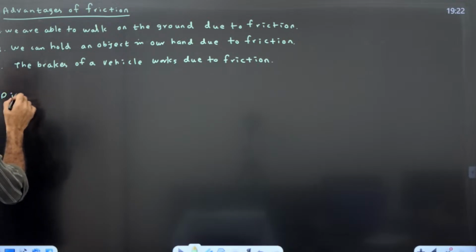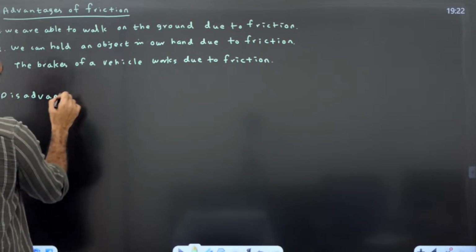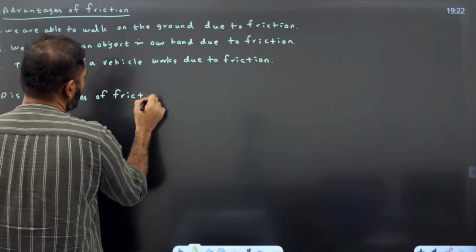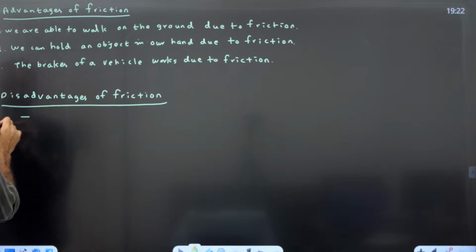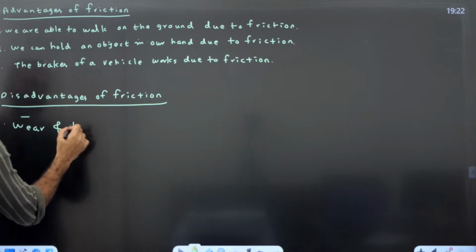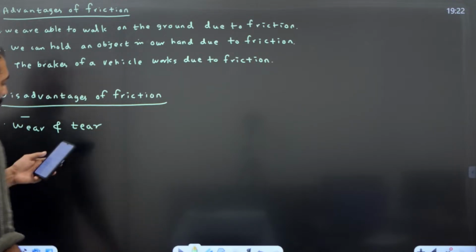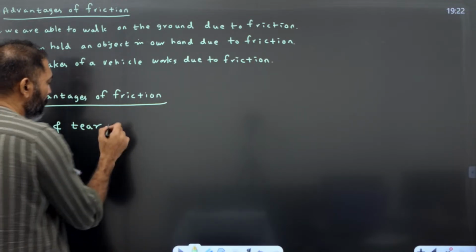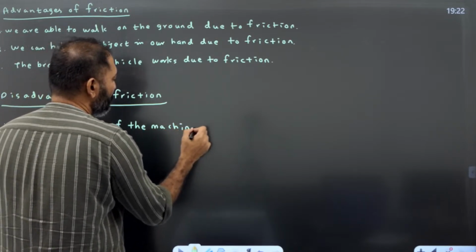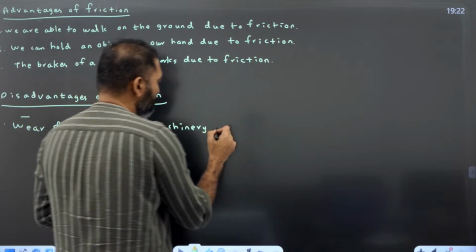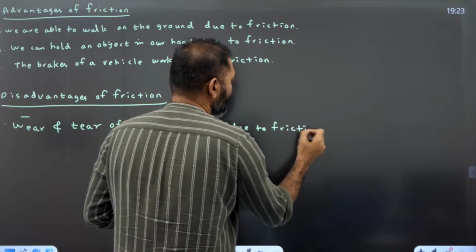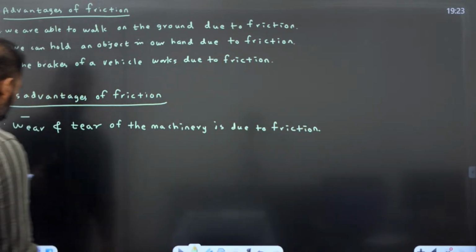Next, disadvantages of friction. Wear and tear. മലയാളത്തിൽ പറയുന്ന പേരാണ് തേയ്മാനം. Wear and tear of the machinery is due to friction.